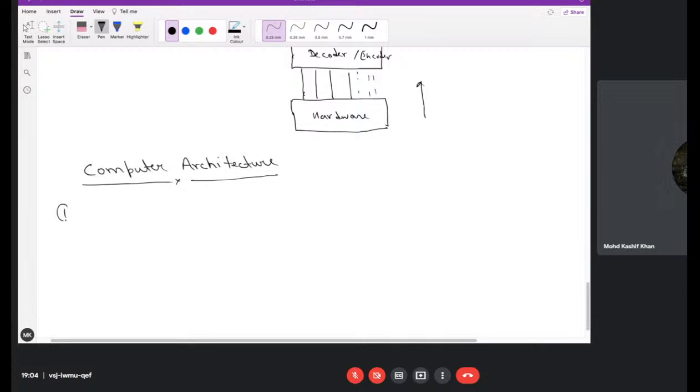So one is von Neumann architecture. It is also known as single memory architecture.